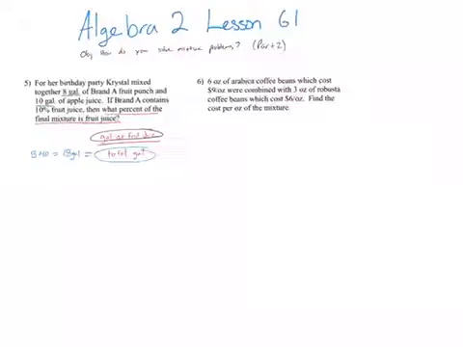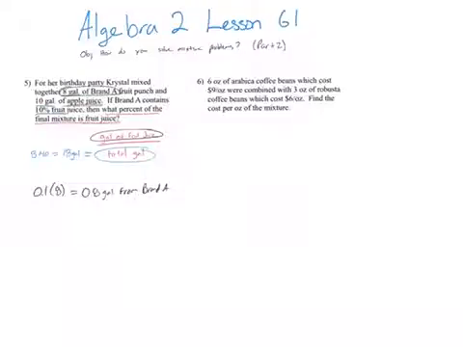Notice we have 8 gallons of brand A that contains 10% fruit juice. So what we need to do is find 10%, which is 0.1, of the 8 gallons. And this would equal the amount of fruit juice from those 8 gallons. So this is equal to 0.8 gallons from the brand A.